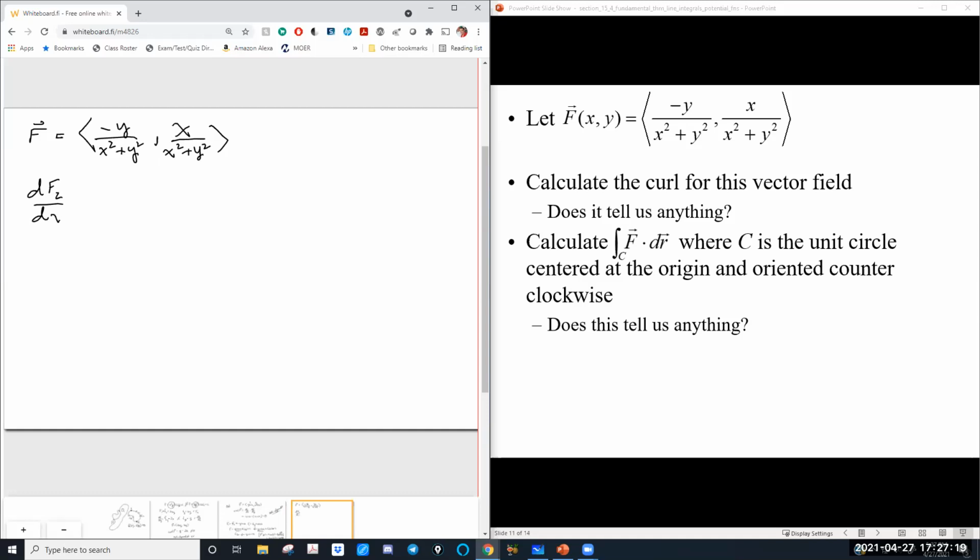So when we do df2 dx, what you get is y squared minus x squared over x squared plus y squared.